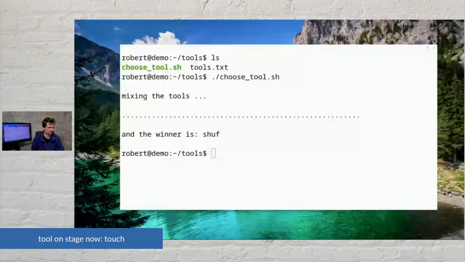Where is the access time? Then we have the modification time, and where is the change time? Okay, I don't see the change time here in the output. But you see, you can choose which timestamp to set.